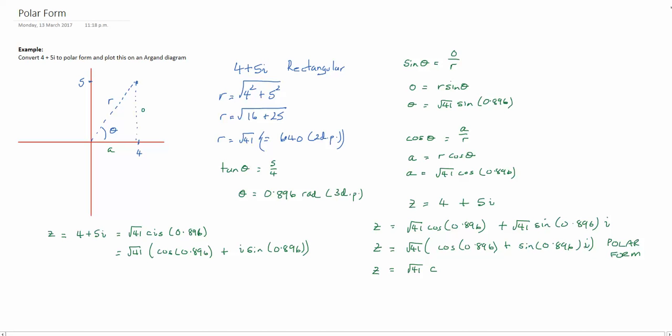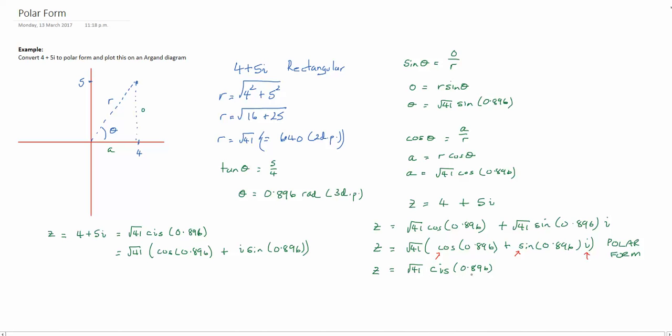Instead of writing the sine and i, we put CIS. So that is coming from that letter. That's for the C, that's the I, and that's the S. And then we put the argument here in brackets next to that CIS.